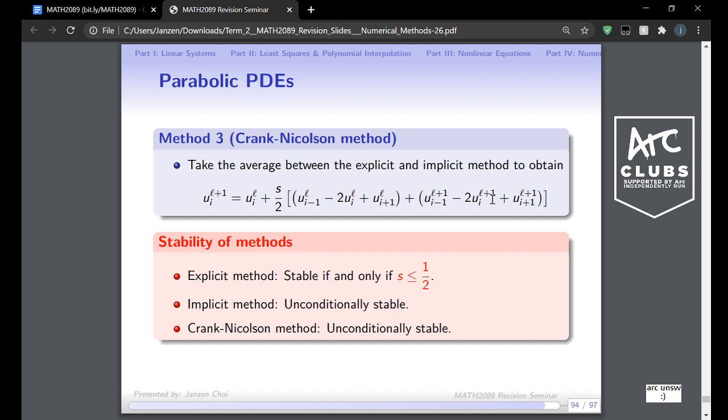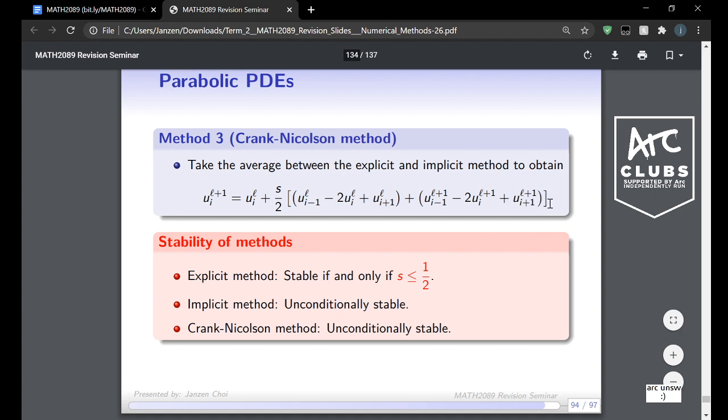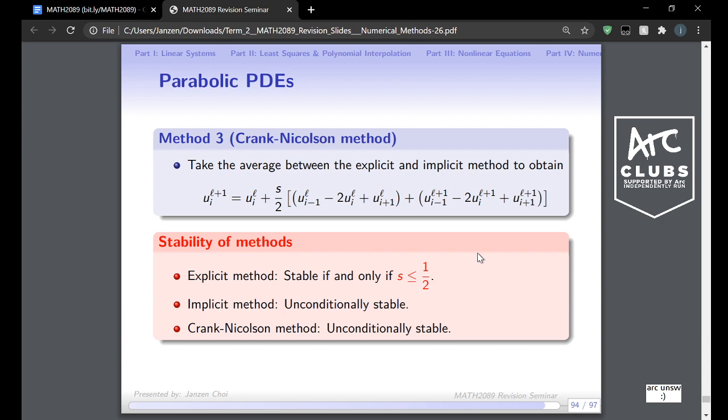So yeah, this equation is quite hard to remember. The implicit and Crank-Nicholson methods both benefit from being always stable, so unconditionally stable, which is nice.